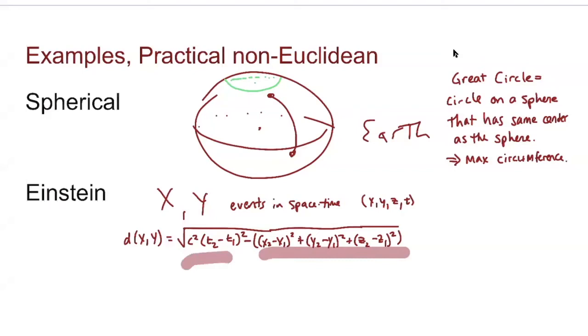So you're going to take the difference in time, multiply that by the speed of light squared, and then subtract off the distance in space. So the time dimension is heavily weighted by the speed of light squared. That's an enormous number. And so this is going to measure distance in space-time in special relativity.